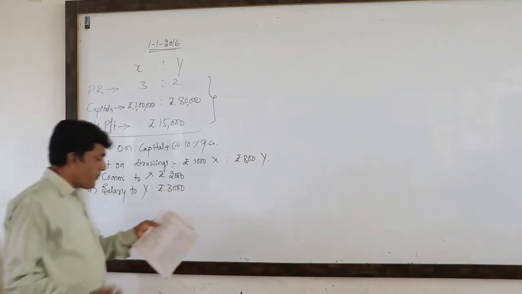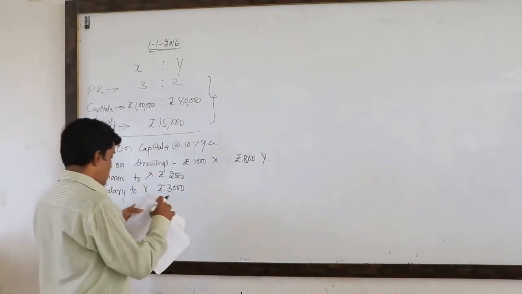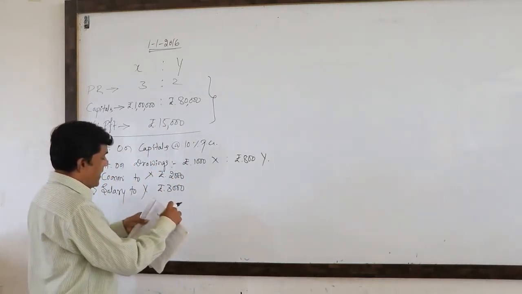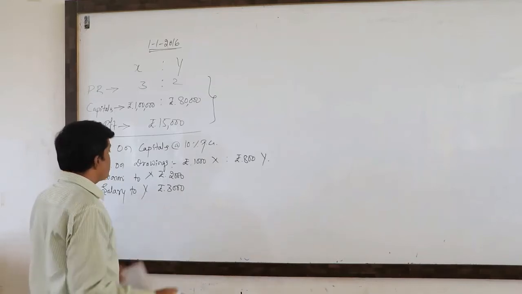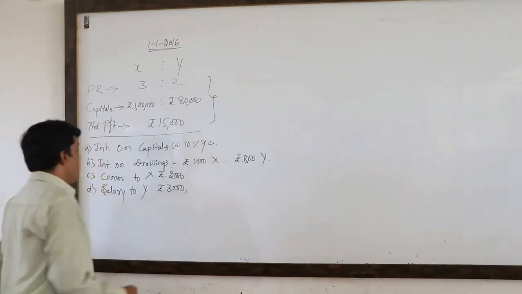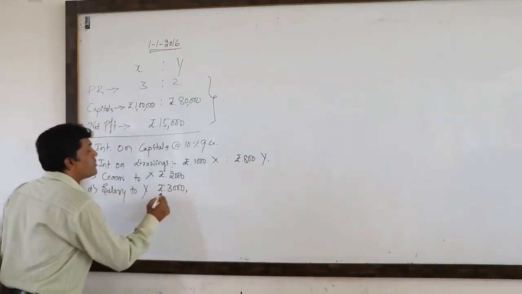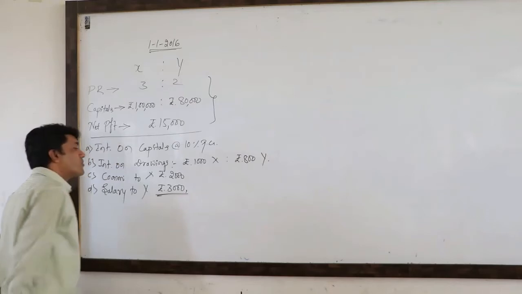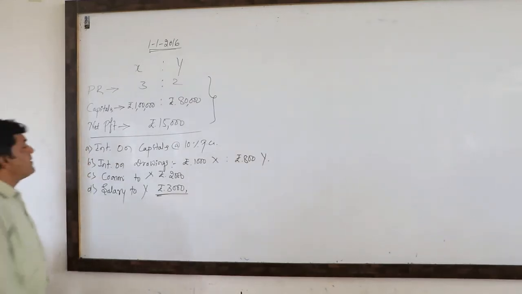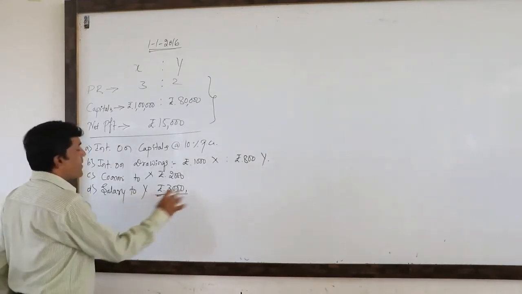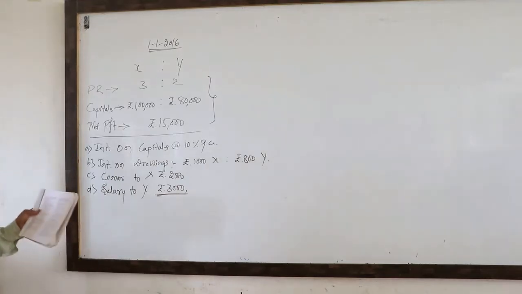That is outstanding salary to Y. They didn't mention whether it is per month or annually, so here I am assuming this salary is for the whole year. So this is the salary payable to Y of rupees 3,000.